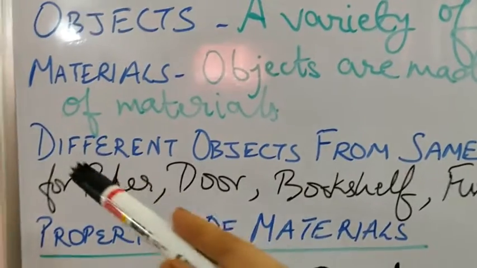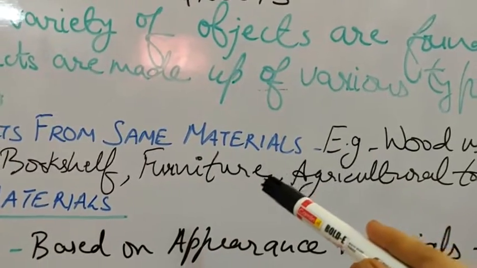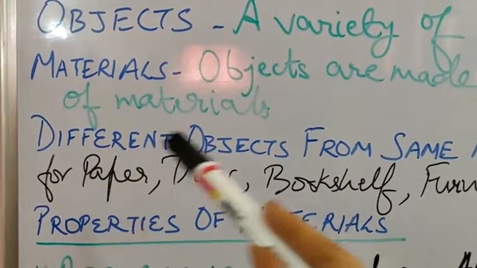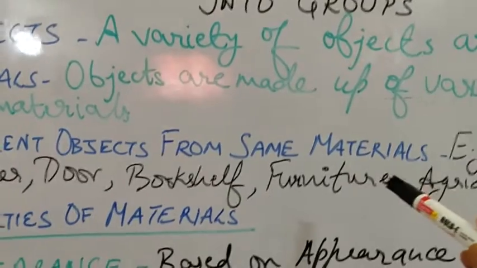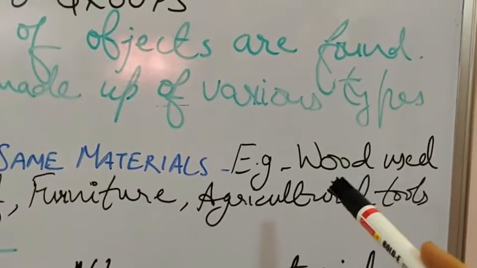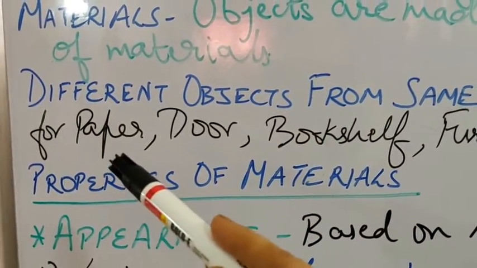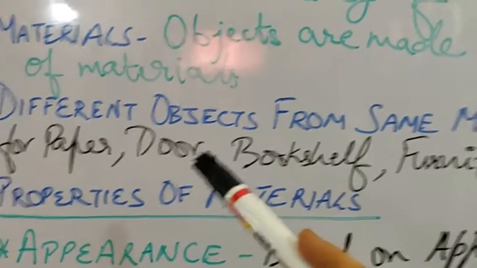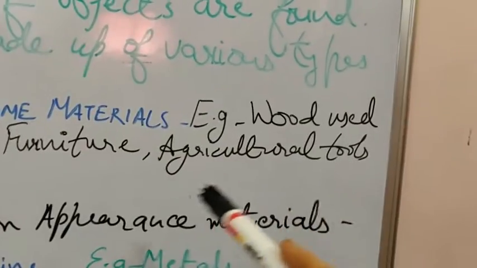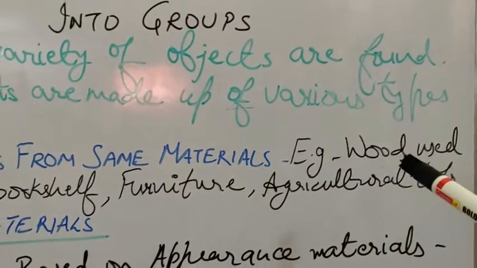Now come to different objects from the same materials. Different types of objects can be made from the same materials. For example, wood is used to make paper, doors, bookshelves, furniture, agricultural tools. All these are made up of wood.